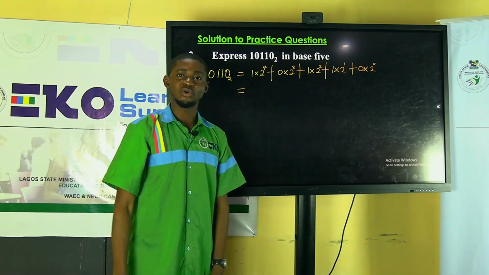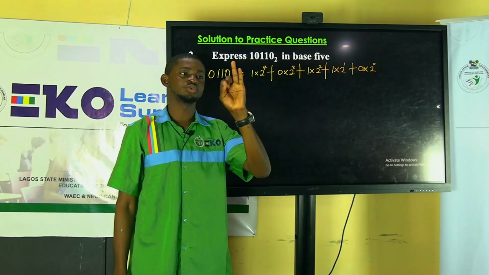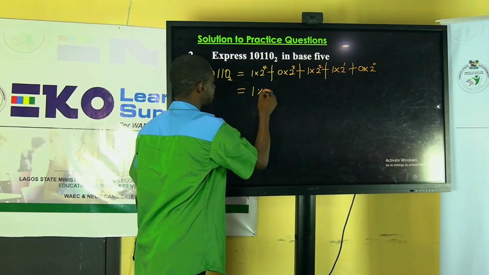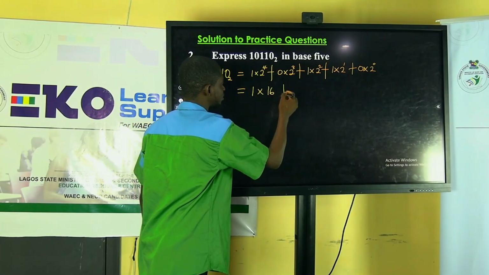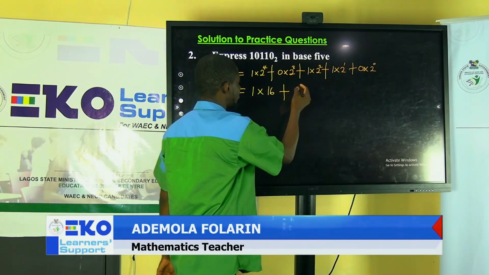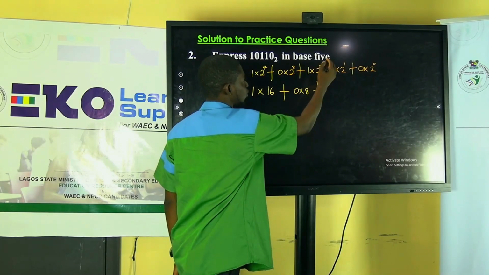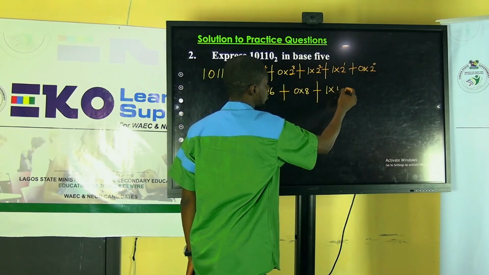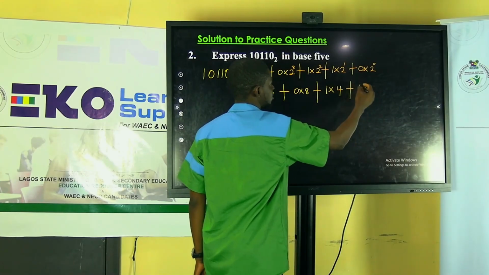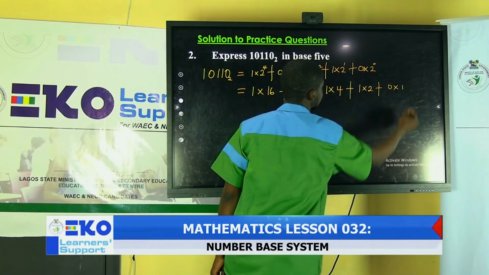2 raised to the power of 4: 2 times 2 is 4, 4 times 2 is 8, 8 times 2 is 16. So that is 1 multiplied by 16, plus 2 raised to the power of 3, right? That's 8, so 0 times 8, plus 2 to the power of 2, that's 4, so 1 times 4, plus 2 raised to the power of 1, that's 2, plus 0 times 1.